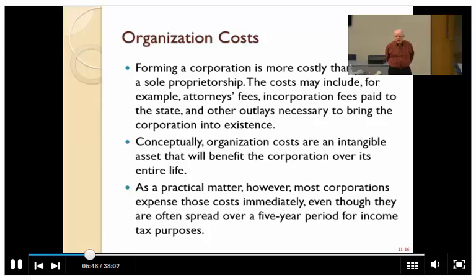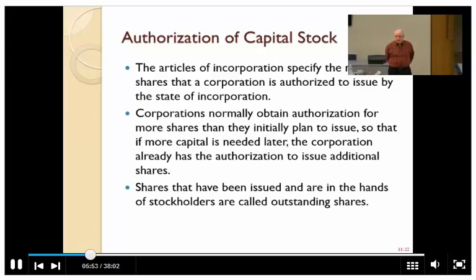Okay. Now, when you incorporate, and by the way, what I'm talking about tonight will help you not only with the Go Live program exercise, which all of you will have to turn in since we're not meeting for class, but also the definitions that are in Connect. So when you file your articles of incorporation, you ask permission from the state to issue a specific number of shares.